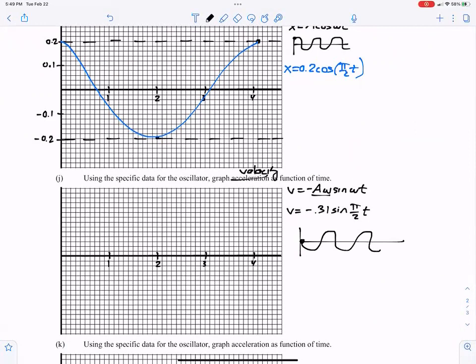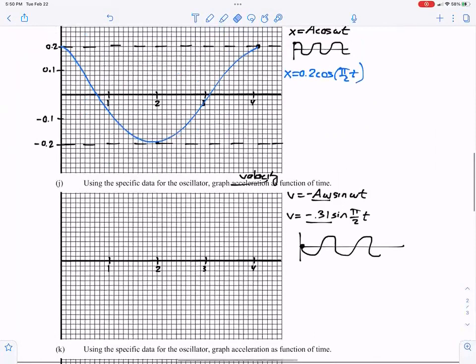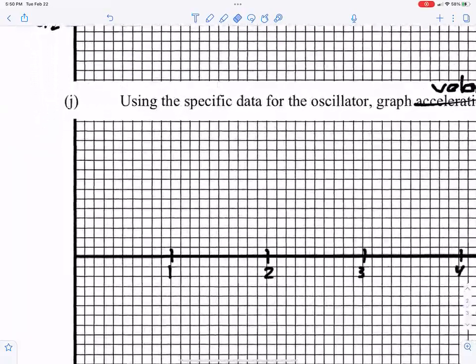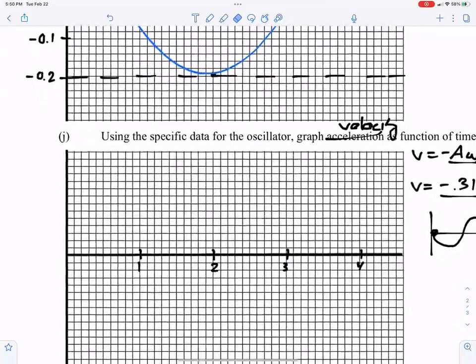We need to come up with our y-axis scale. So I'm thinking you could probably use a very similar scale. We can go up 1, 2, 3, 4, 5. That would be 0.1. 1, 2, 3, 4, 5. That's 0.2. Nope, I can't make that scale work. Okay, so what I'm going to have to do is go every 4 boxes, instead of every 5 boxes.